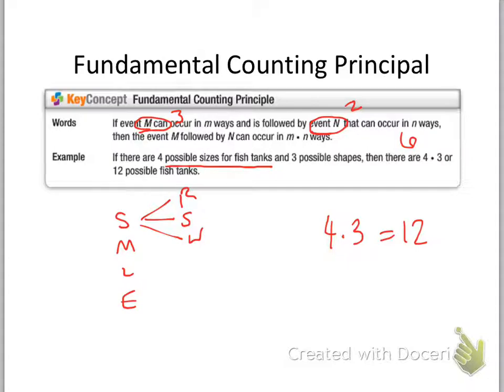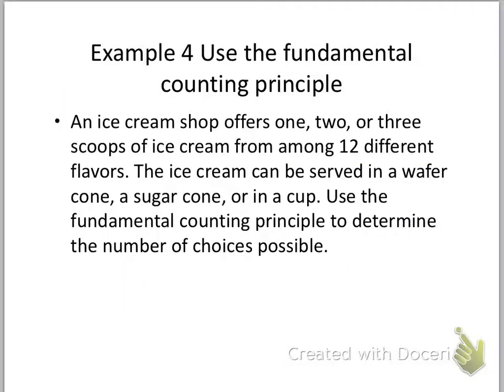Now this will come in handy when you get bigger numbers with more events happening. For example, an ice cream shop offers 1, 2, or 3 scoops of ice cream. So 3 options of ice cream from among 12 different flavors.